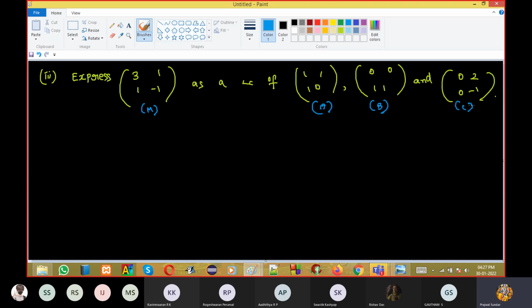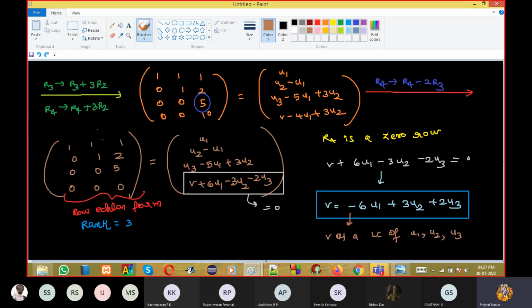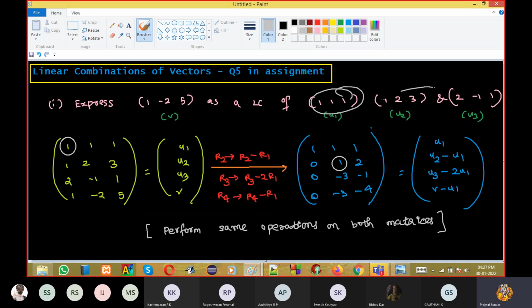So we have to see whether we can write this as a linear combination or not. Listen carefully. Till now we discussed only n-tuples, correct? We only saw n-tuples like this. But suddenly, instead of n-tuples, we are getting matrices, correct?